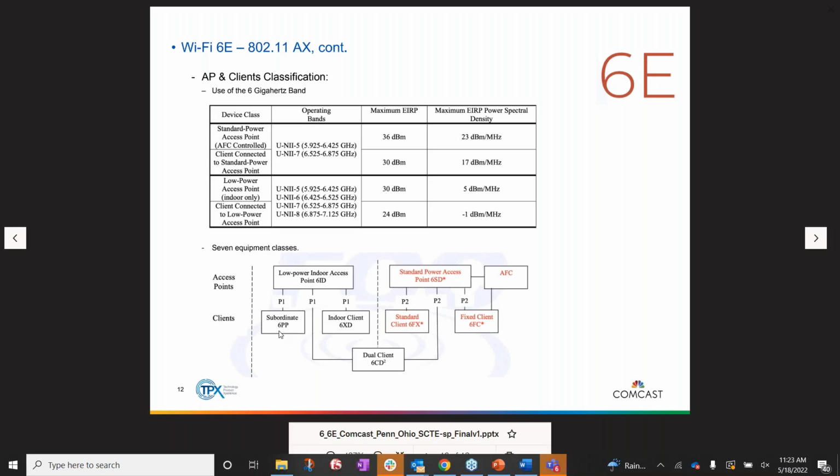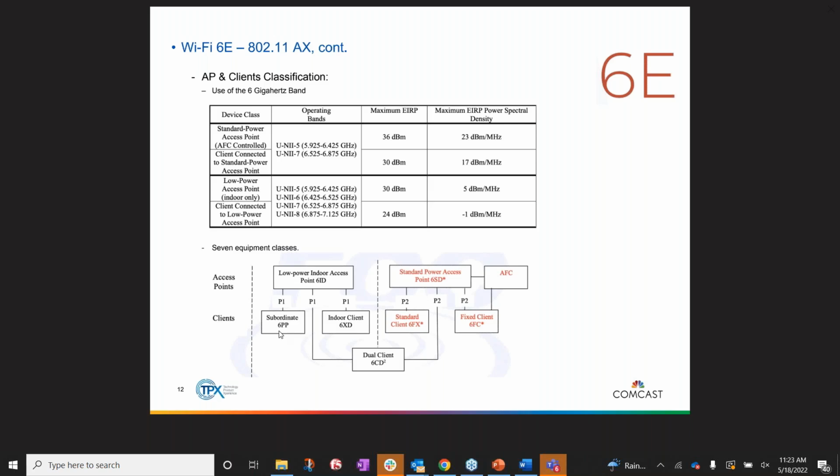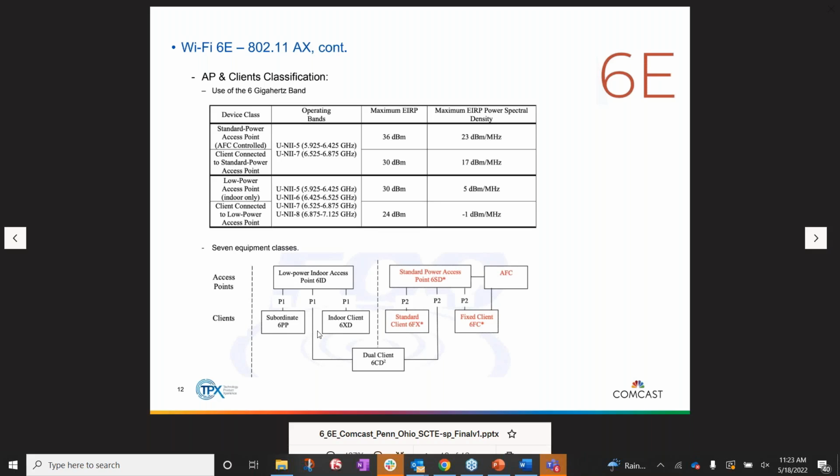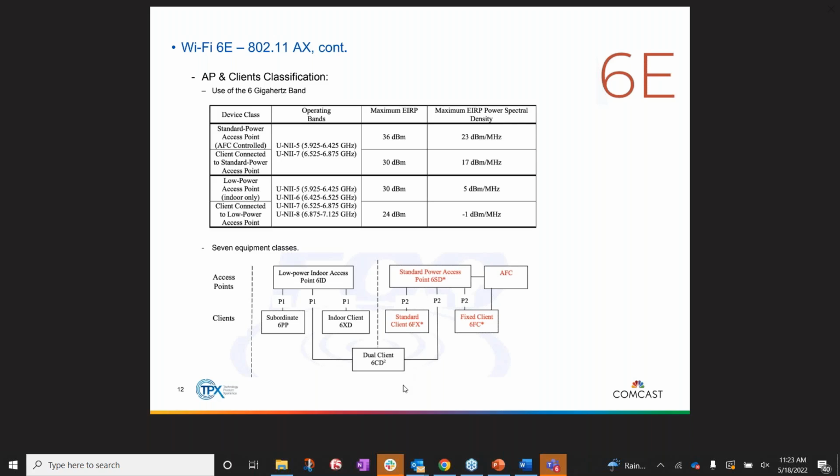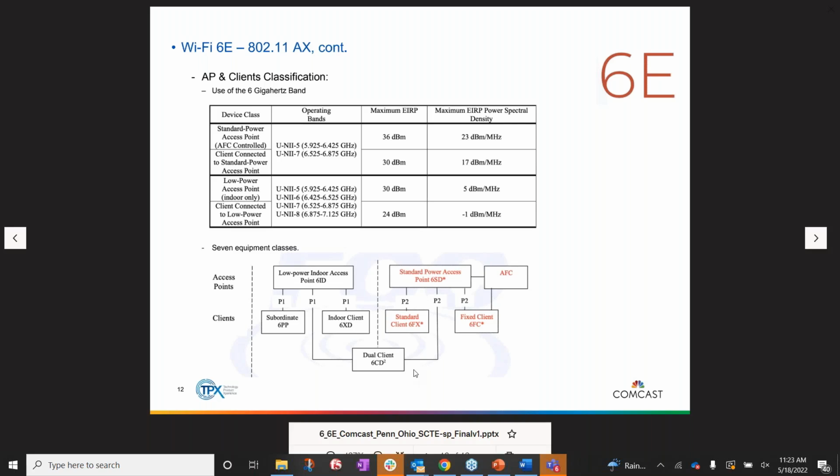Basically, it is a type of device that can be used to extend your wireless, and it can be used in mesh networks. So here the subordinate device will also be under the control of a low power indoor, where the power level is going to be 30 dBm or less, and the subordinate device can connect to another subordinate device so that it can extend the range.